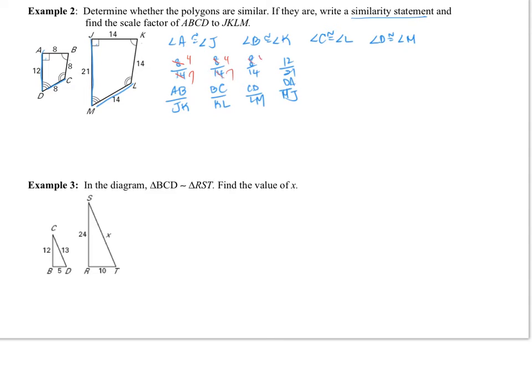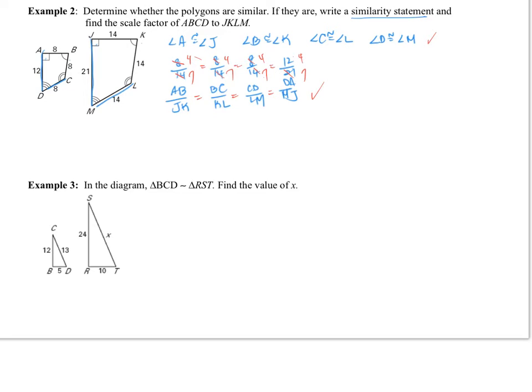And if we simplify these ratios, we should get 4 to 7. And 12 divided by 3 is 4. So all three ratios are equal to each other. So we can state that these two quadrilaterals are similar, and we have our similarity statement.